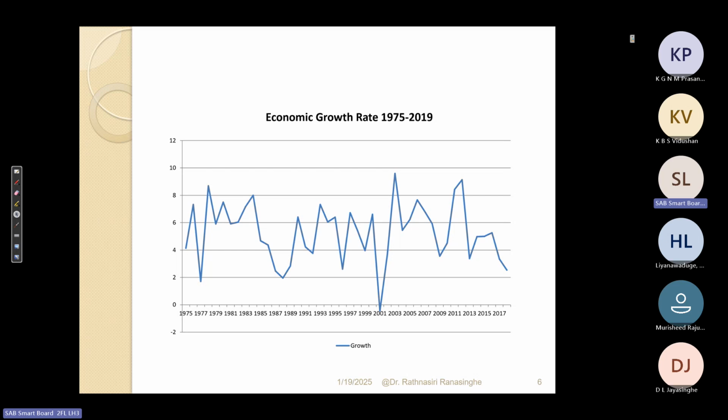With that, we see the growth potential increased, in 1978-79, to about 8%.